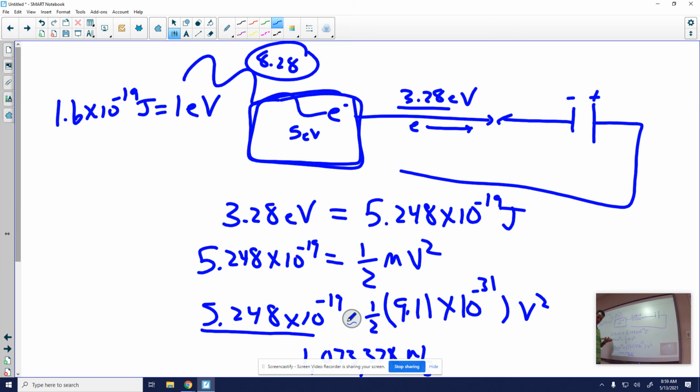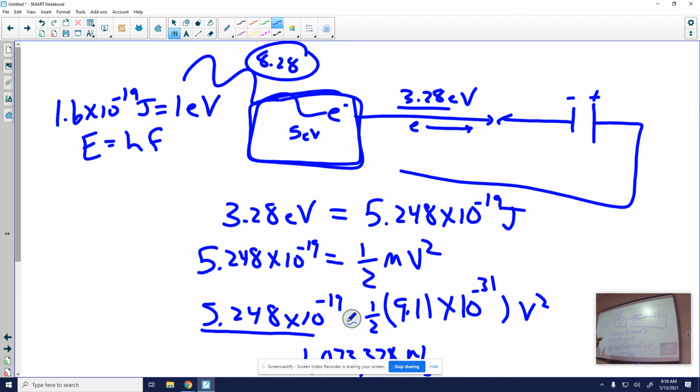So let's see what frequency 5 electron volts corresponds to. Well, what I could do, if I wanted to do a lot of work, is turn the 5 electron volts into joules. You know how to do that now. Then I could divide by h, because E equals hf, and I could get the threshold frequency, the minimum frequency to knock out an electron.